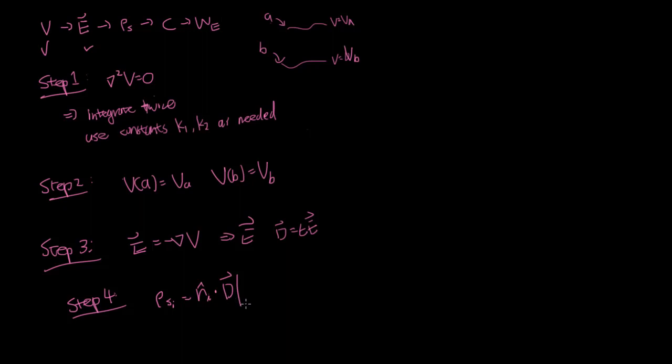So you would evaluate this at boundary i, and so on and so forth. So you would apply this to each of your boundaries that you're interested in finding the surface charge density for. And remember that if this dot product is something unwieldy, you can also intuit your way out by just finding the component normal.